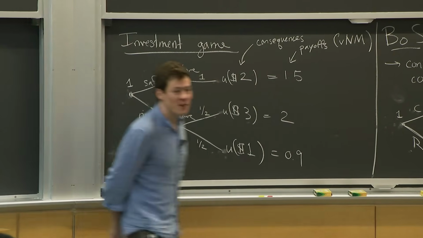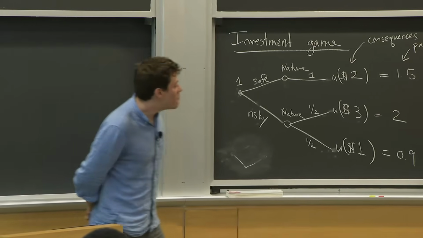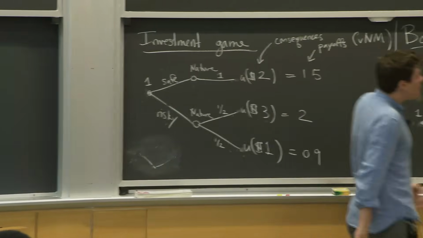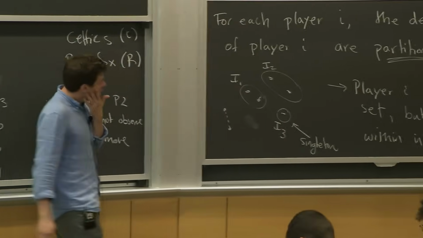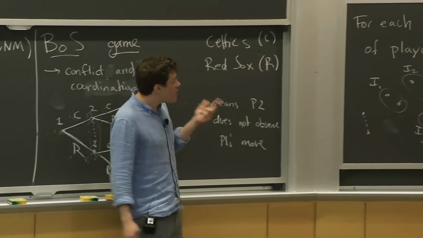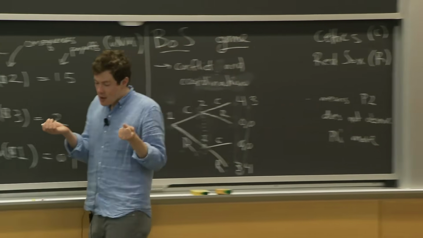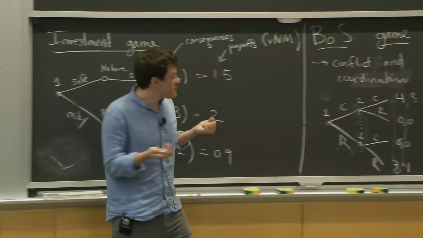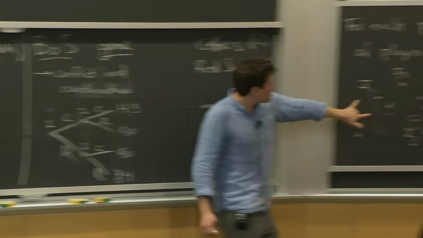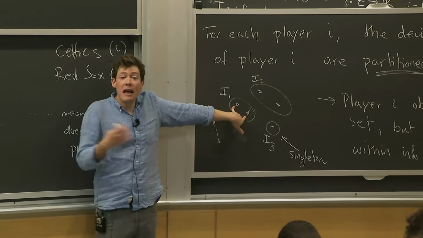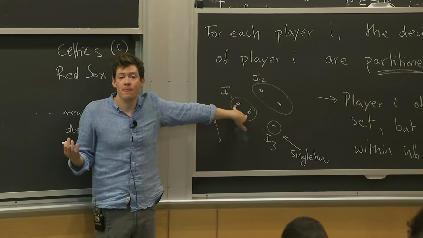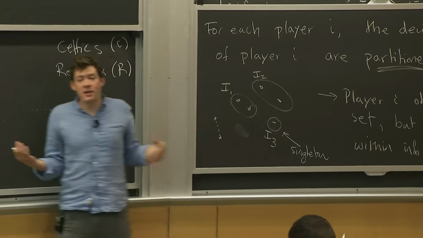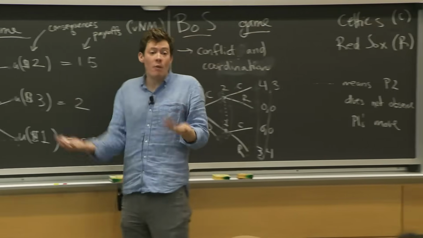So maybe not. OK. Well, I think there's one problem with this definition. And so we need a little more structure here. The problem with this definition is, what if I had two information sets, or two nodes, let's take this, that are in the same information set, but the actions that I'm allowed to take at those two nodes are different? Now we have a problem, because we've implicitly assumed that I know what my actions are.